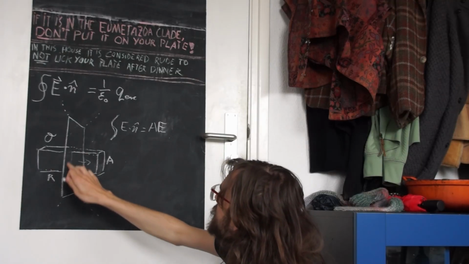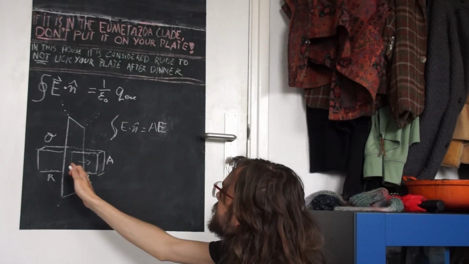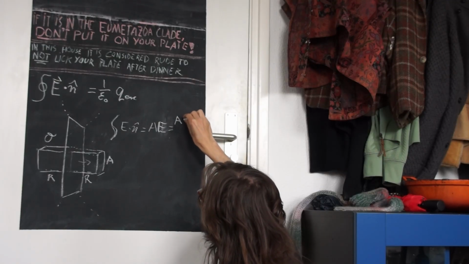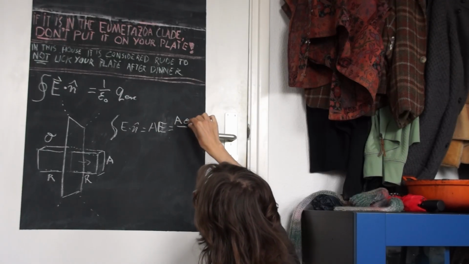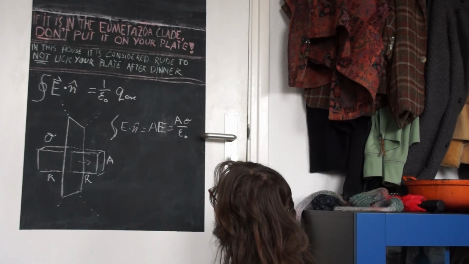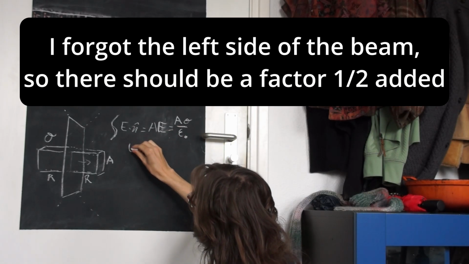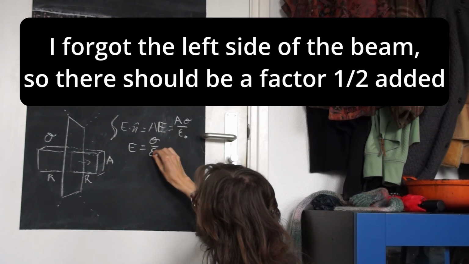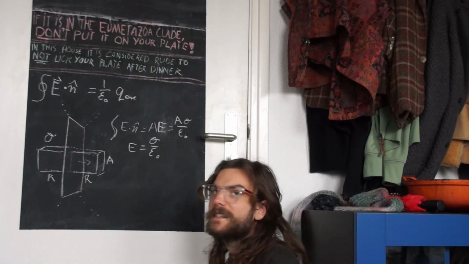The charge that is captured in here is A times sigma, so it's going to be equal to A times sigma divided by epsilon naught. We can divide both sides by A, and we find that the strength of the field is sigma divided by epsilon naught.